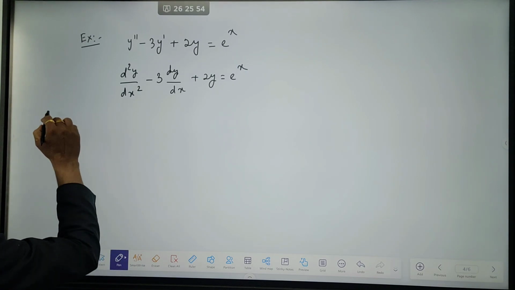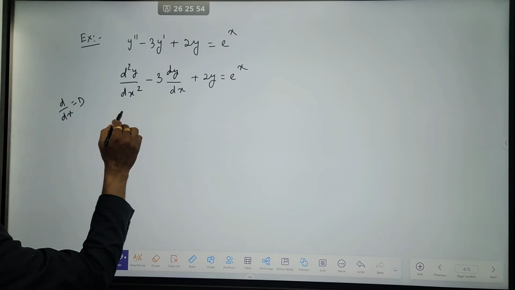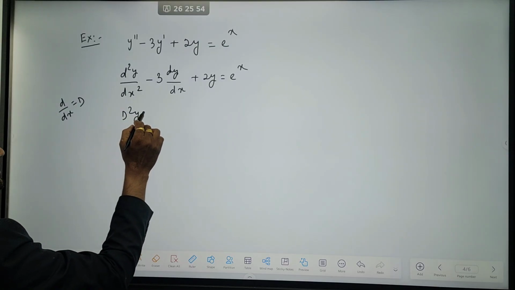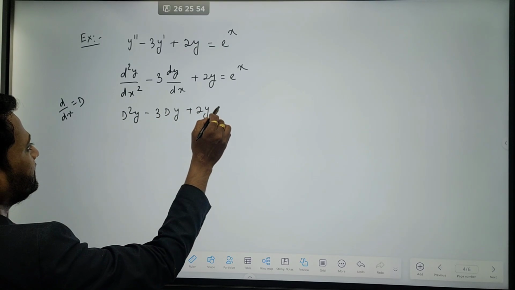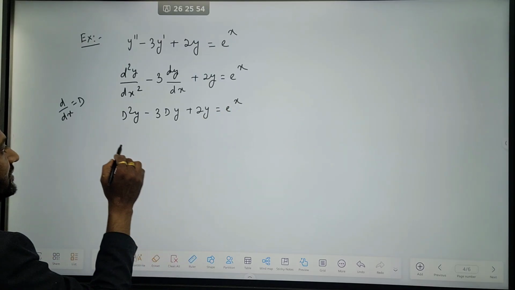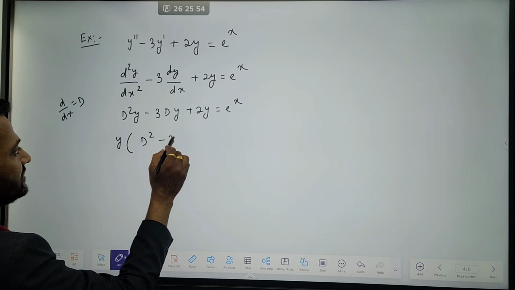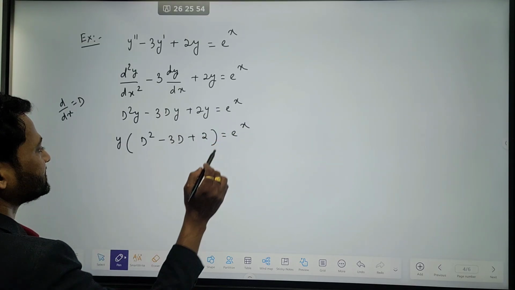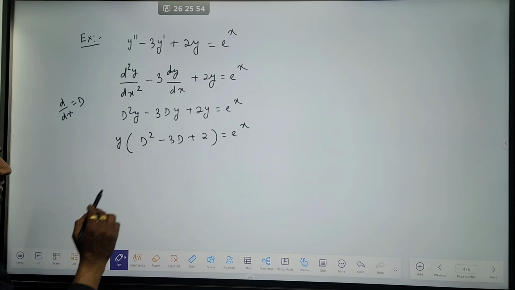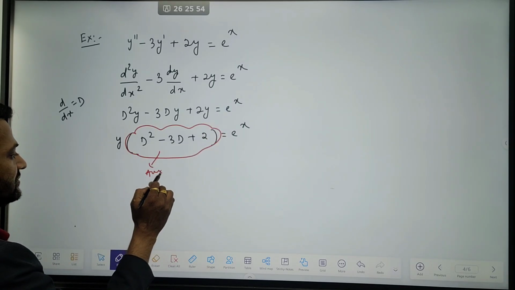Then we assume that d by dx is D, so D square y minus 3Dy plus 2y equal to e to the power x. So if I take y as common, it will be D square minus 3D plus 2 equal to e to the power x. So here this part is your auxiliary equation.